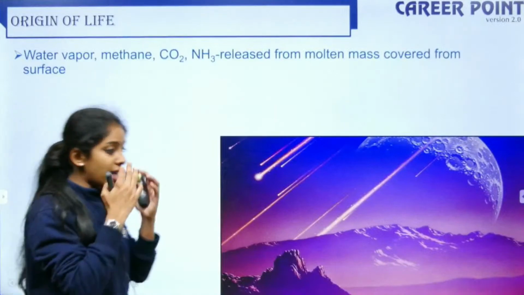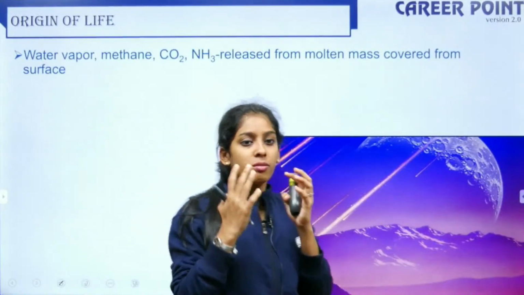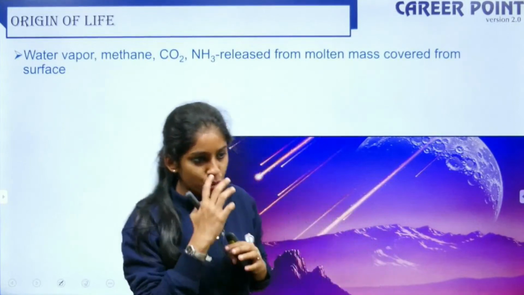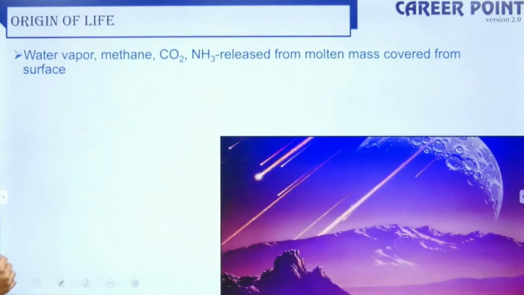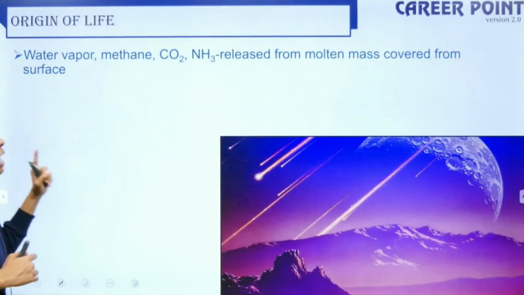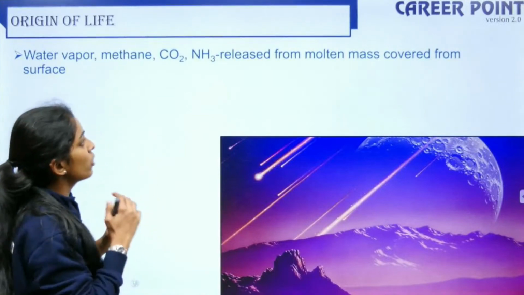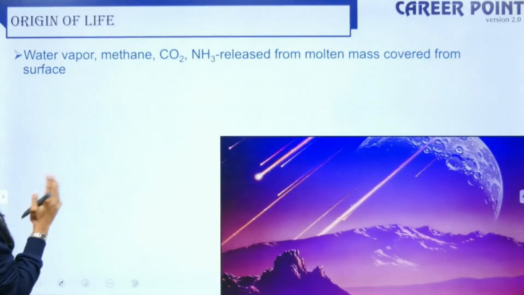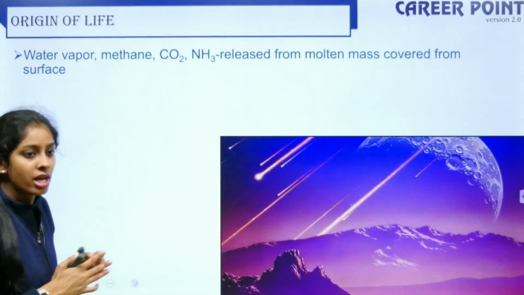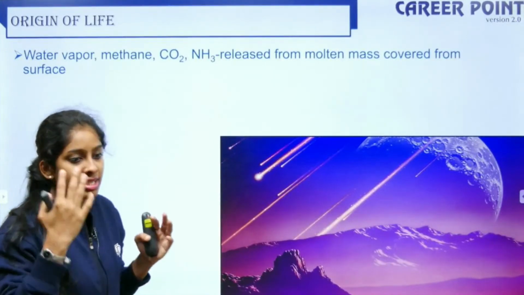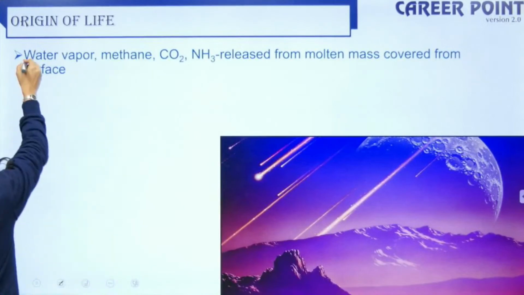Galaxies are a mass of dust, cloud, gas, etc. So how did this form? Initially water vapor, methane, carbon dioxide and ammonia were released from the molten mass covered on the surface. Okay, so in the early stage, this is what we had. What are they?